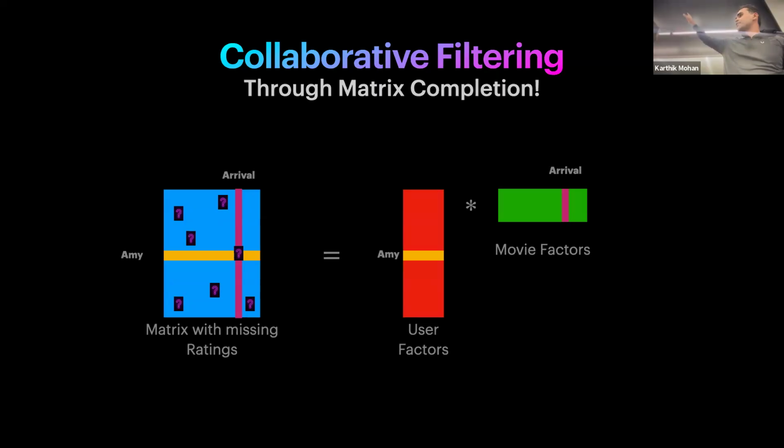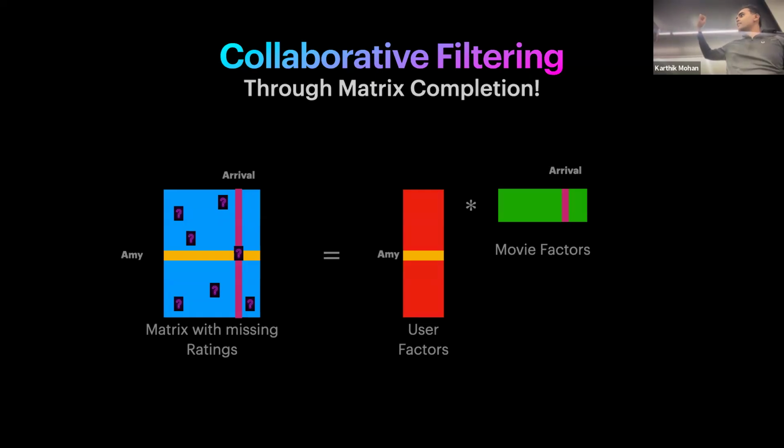The whole user factor matrix and the whole movie factor matrix is unknown before you learn. What's the data? The data are the ratings that are already present in the matrix on the left. So you can construct a loss function between the known ratings in the blue matrix and the unknown user and movie factors on the right, like let's say a quadratic function.